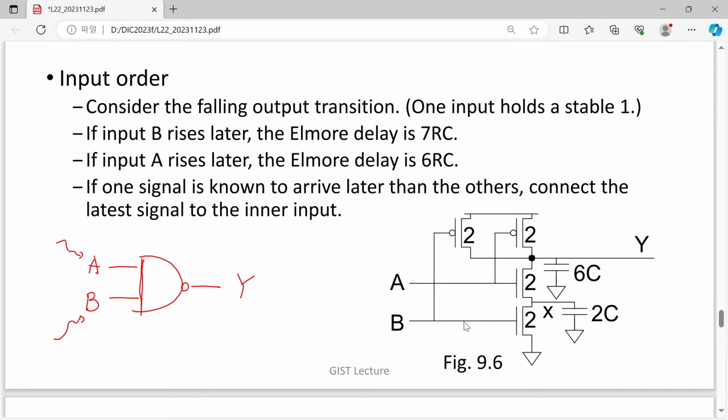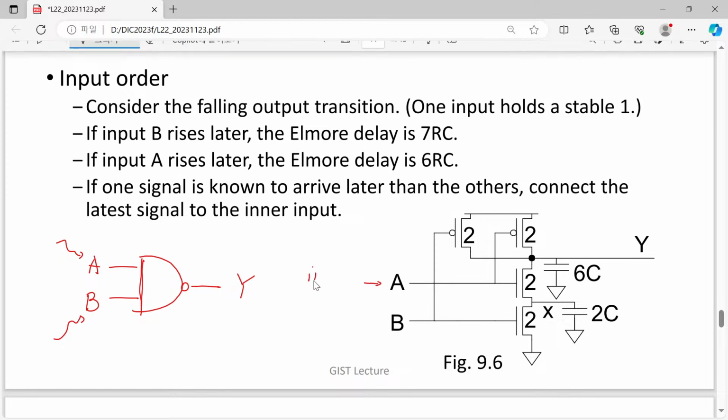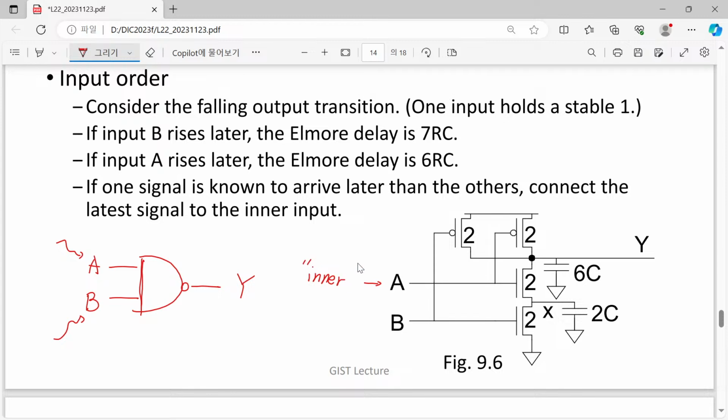Maybe we have discussed this topic in our previous discussion on the logical effort. And here we have the so-called inner input and the so-called outer input. The inner one is close to the output, and the outer one is close to the power rail. Power rail means ground or VDD.